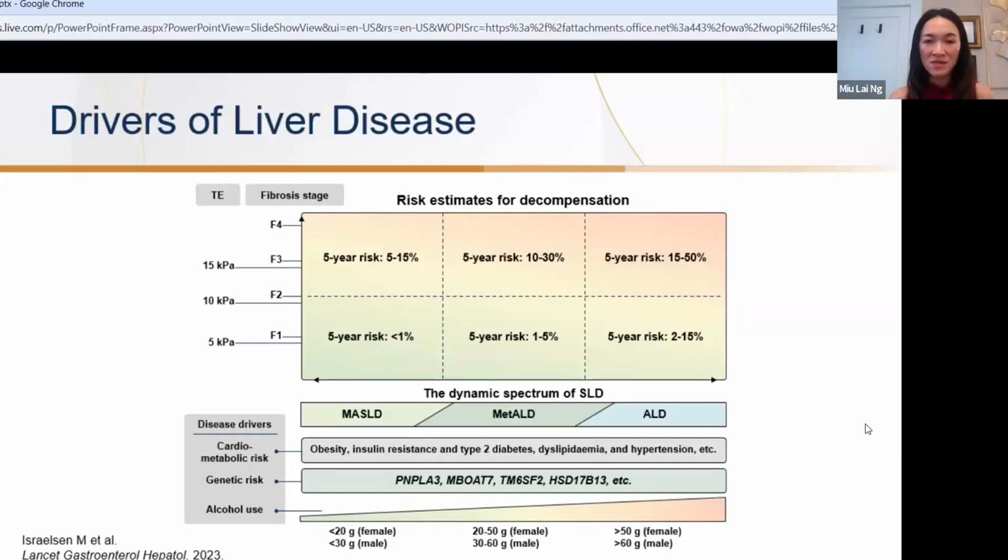This is not the worst. If you look at the graph towards the right side, ALD, so entirely from alcohol.